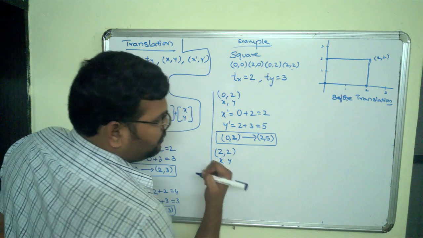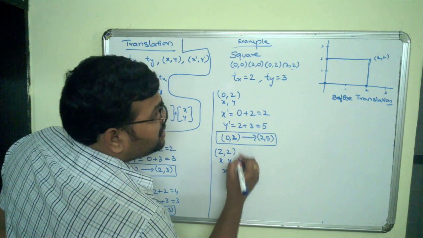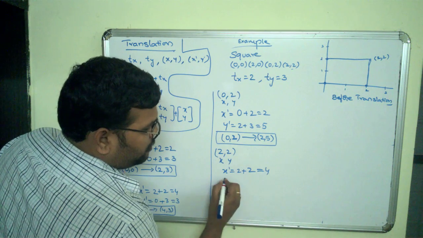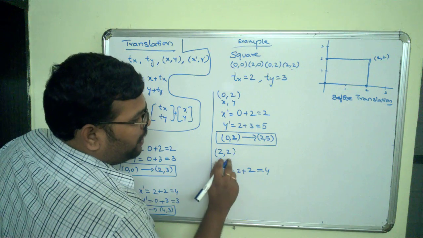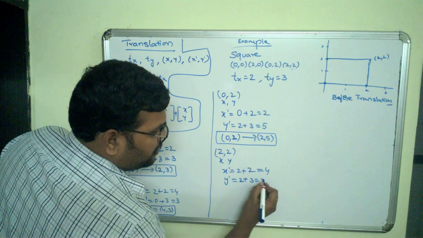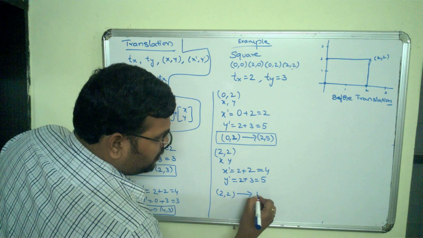So this is x and this is y. So x dash is equal to 2 plus 2, so x plus tx is equal to 4. Y dash is equal to y plus ty. So 2 plus 3, that is 5. So (2, 2) becomes (4, 5).